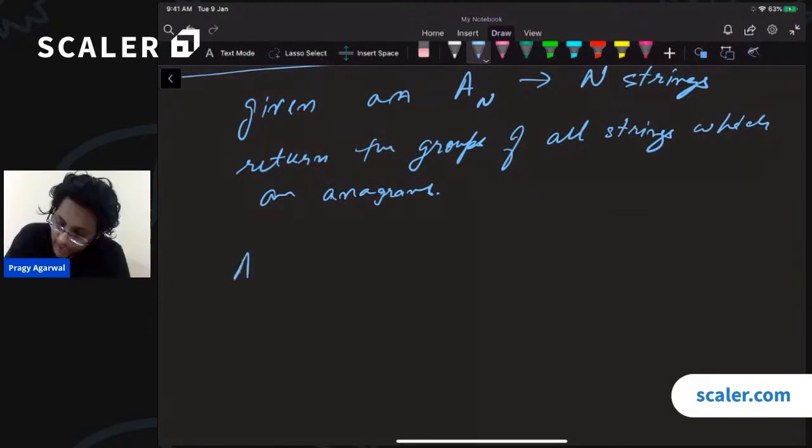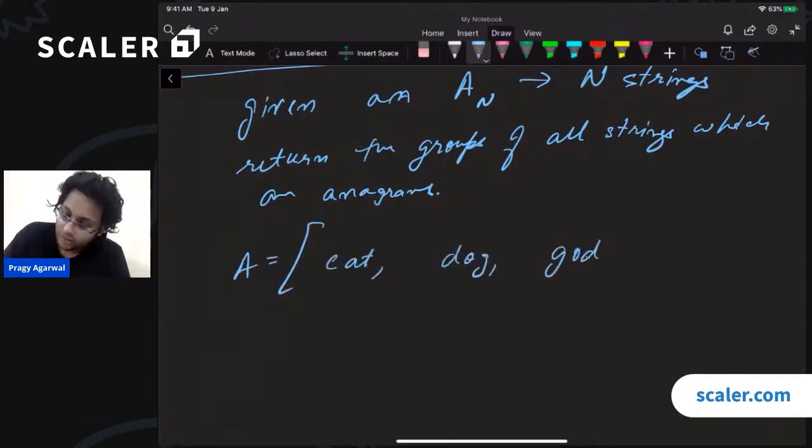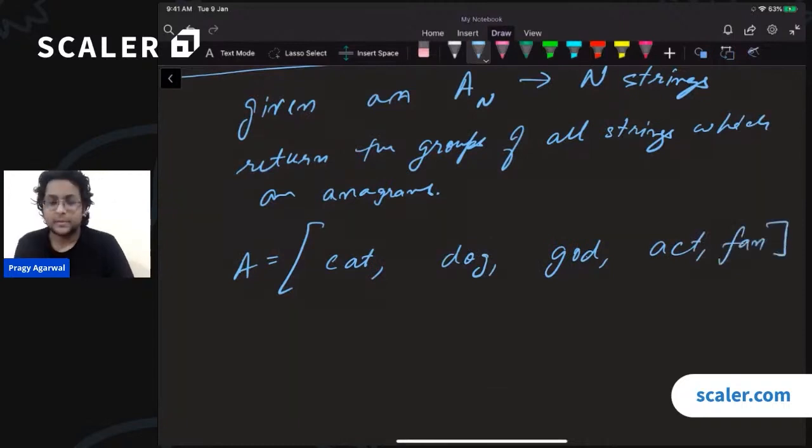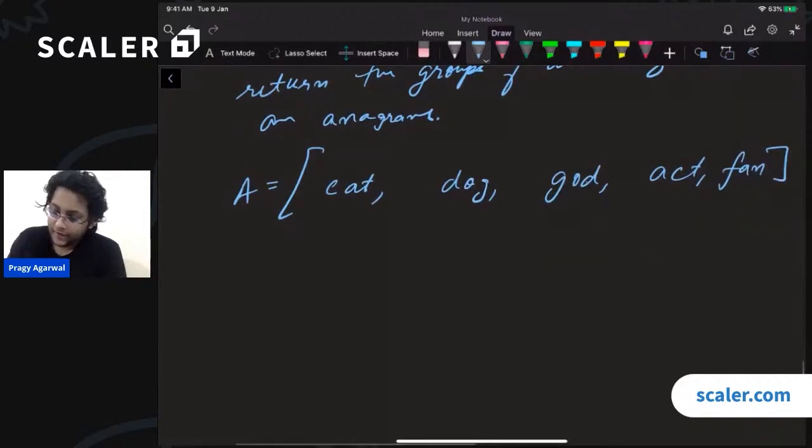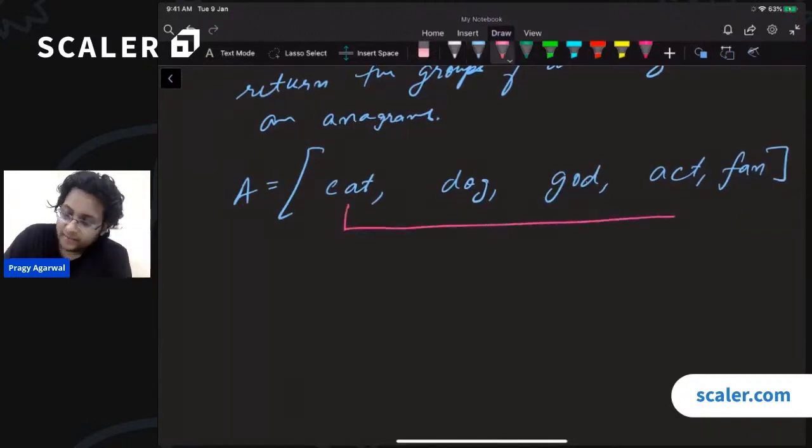Suppose that I have an array that looks something like this. The array is cat, dog, god, act, and fan. Over here in this array, if I rearrange the values, I can see that cat and act are anagrams. First of all, does everyone understand what an anagram is?